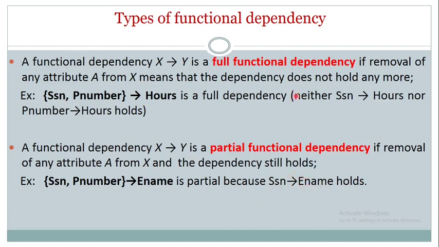So understood the difference between fully functional dependency and partial functional dependency. In fully functional dependency, we use both the attributes on the left hand side, but in partial functional dependency, using any one attribute we can determine employee name. So that is called partially dependent. These two dependencies are very important to understand the normal forms.